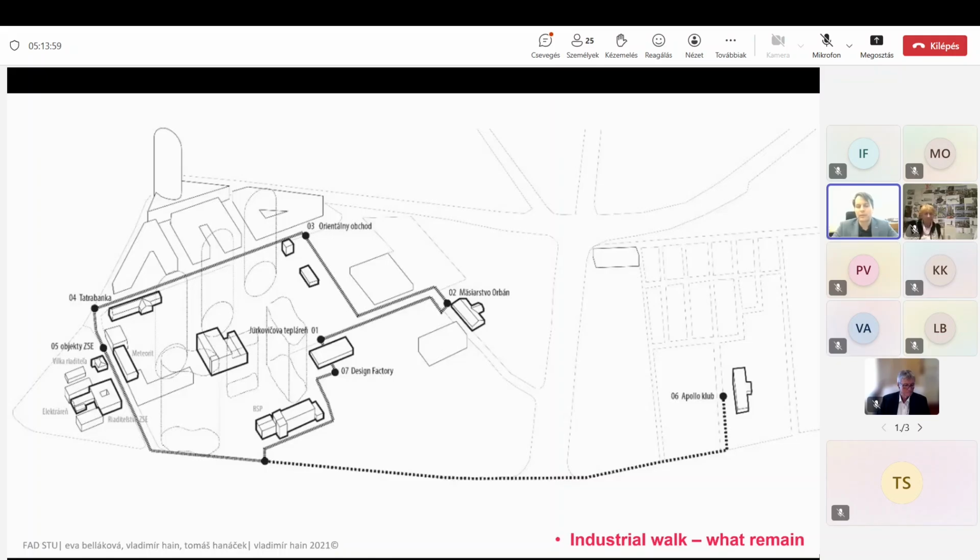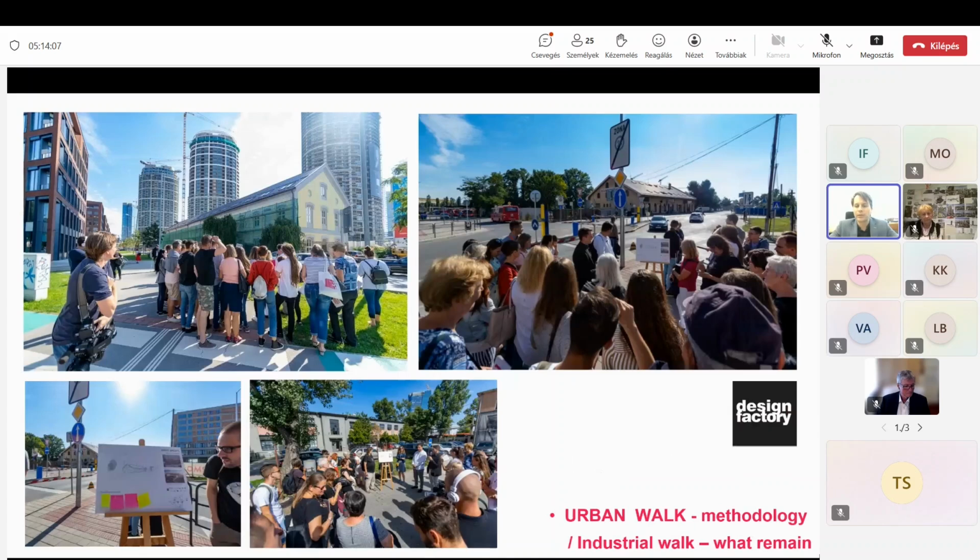And thanks to those remaining buildings, we can still understand on site, in real context, the former and original situation. These are pictures from the urban walk where we were educating people about the history. And behind you can see the development process of a high-rise building.